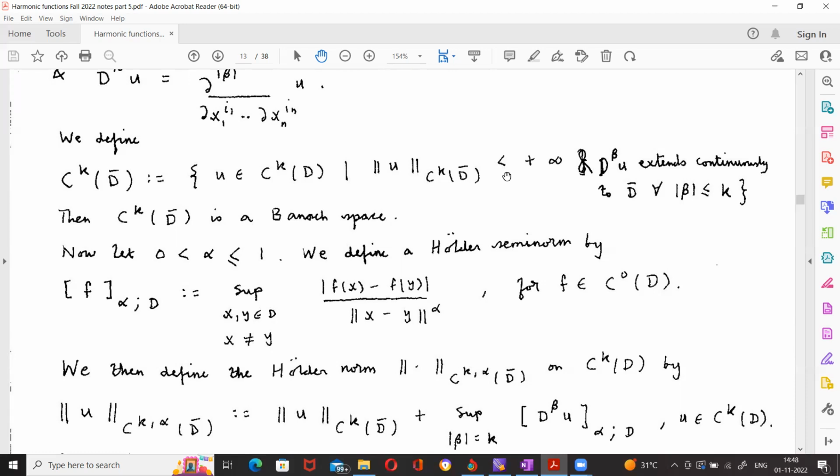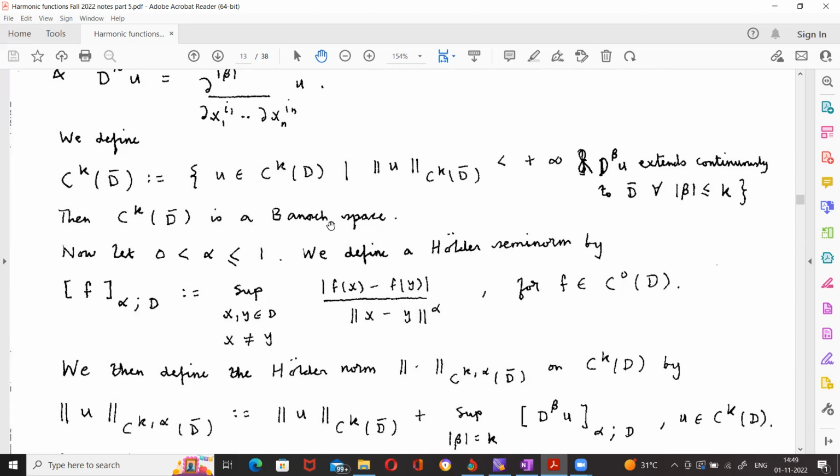So all the supremums of the partial derivatives of order less than or equal to k are finite, and each partial derivative of order less than or equal to k extends continuously to D closure. So you need this continuous extension in order to get a Banach space. So then this CK of D closure will be a Banach space.